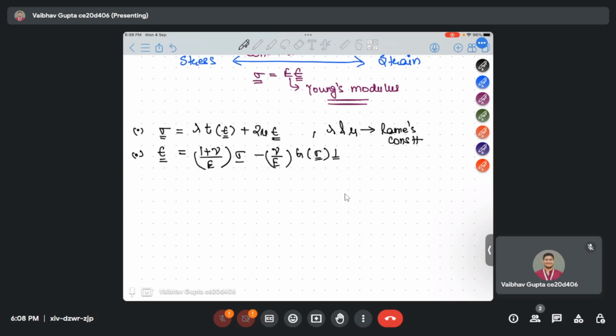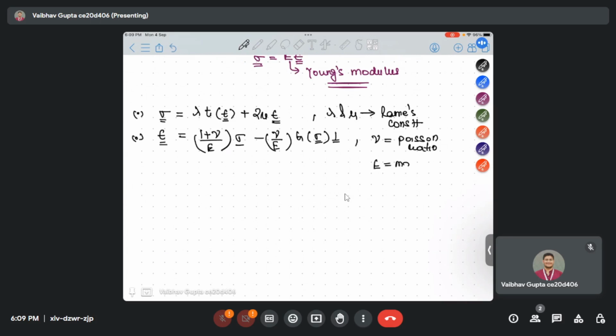Here nu is equal to Poisson's ratio, which is nothing but the negative of the ratio of transverse strain upon axial strain. This we can also derive with the help of the uniaxial experiment. And E is the modulus of elasticity.